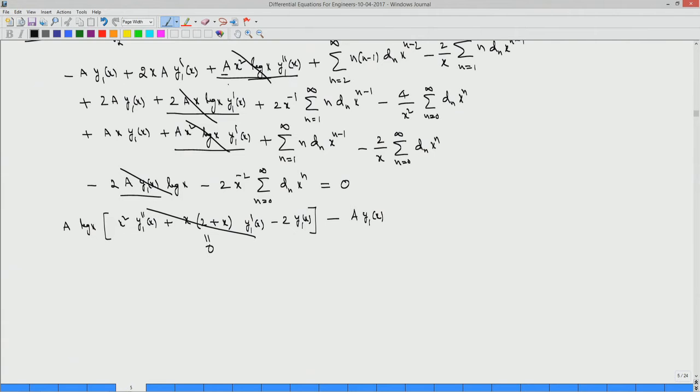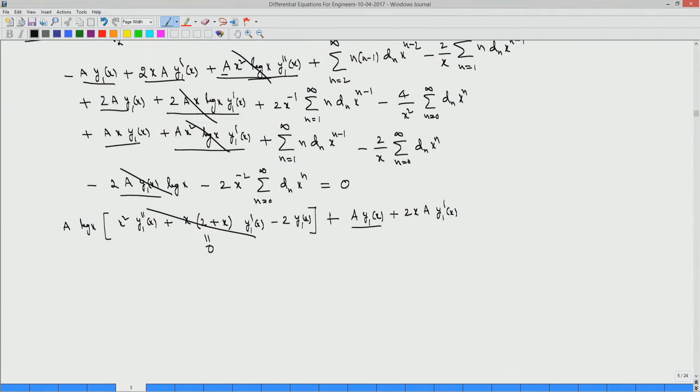Is there any other thing? Yeah, there's nothing, so you have to write it. So 2x a y1 dash of x, and then 2a y1 and minus a y1, so that's going to be plus. Okay, so this together will give me only a y1, so that's what I have written here, and you have written this part here.